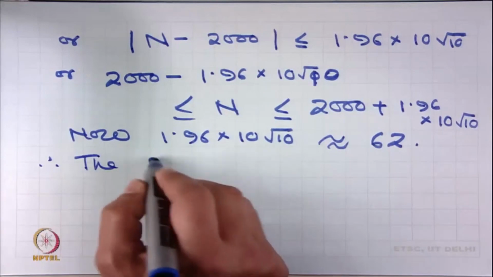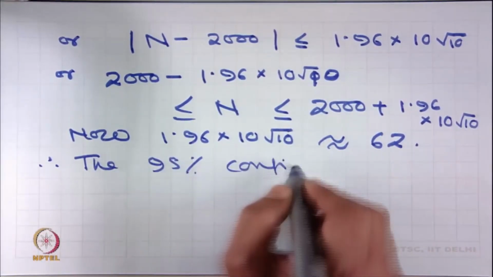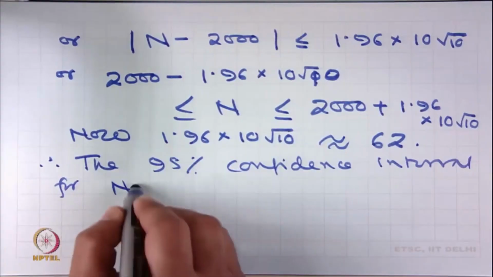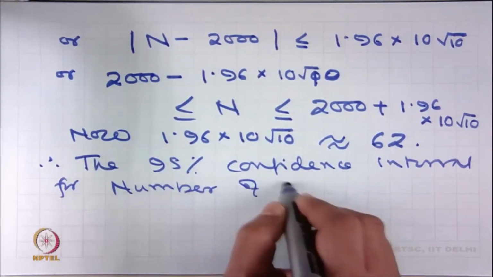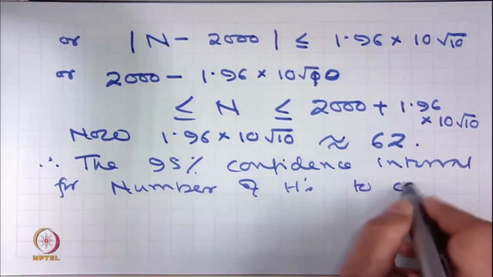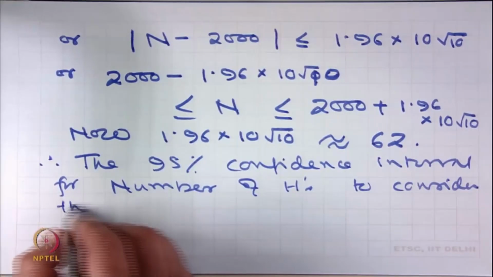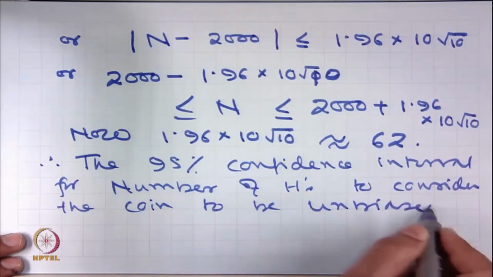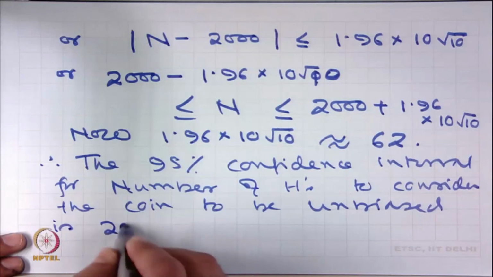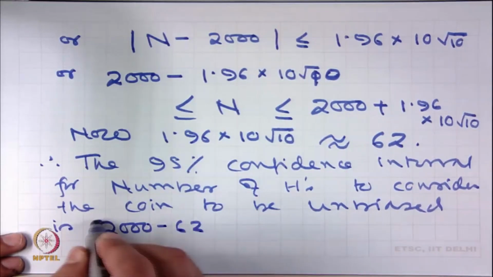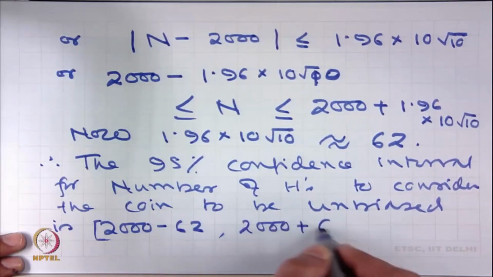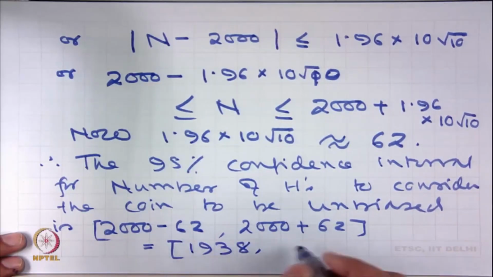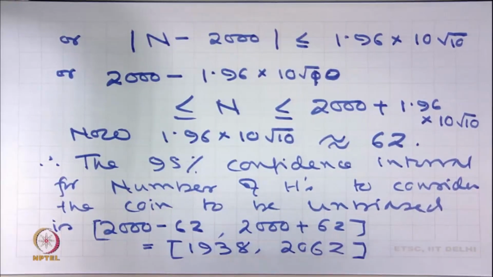Therefore, the 95% confidence interval for the number of heads to consider the coin to be unbiased is 2000 minus 62 to 2000 plus 62, which is 1938 to 2062.